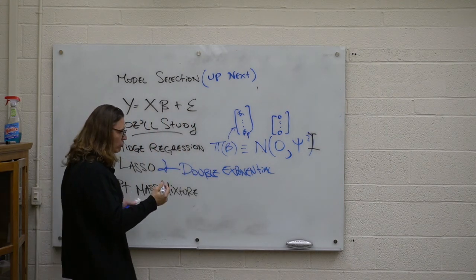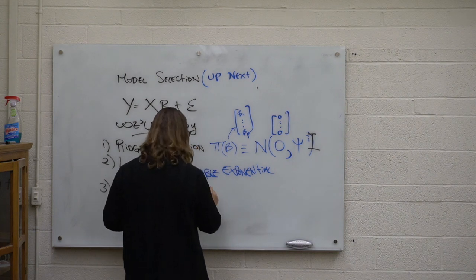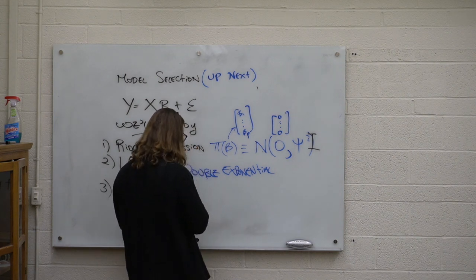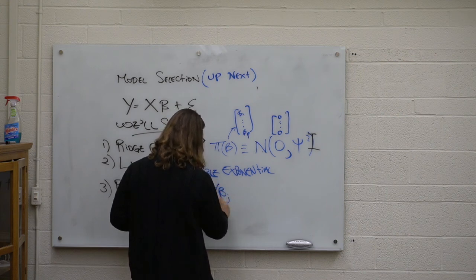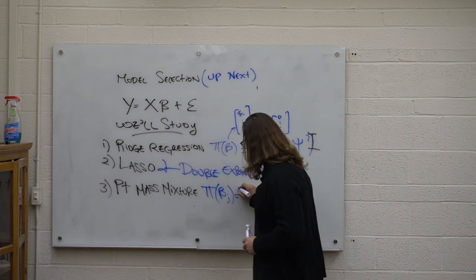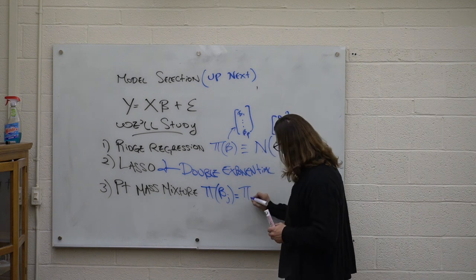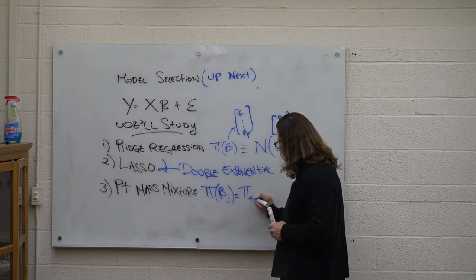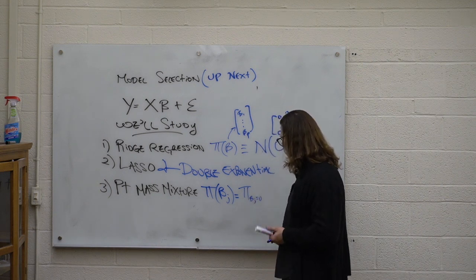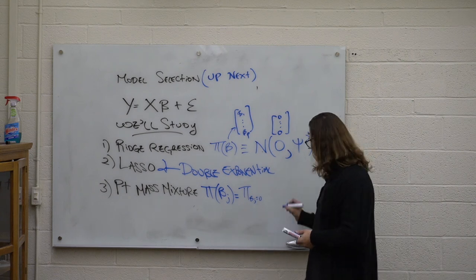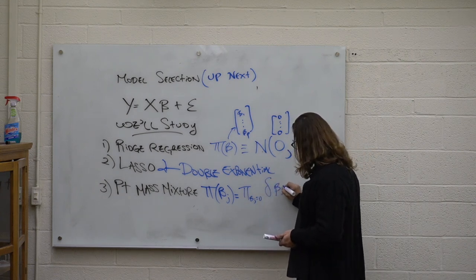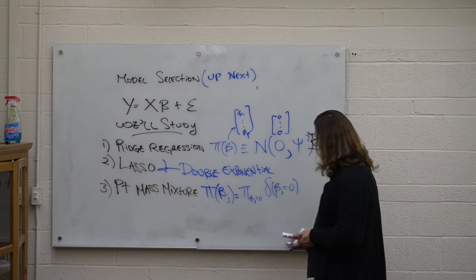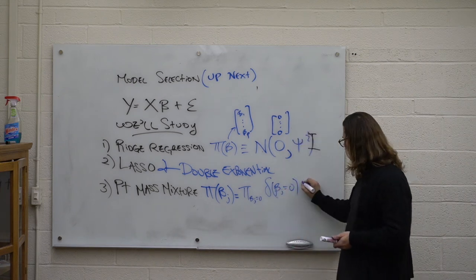And the point mass mixture priors are going to look like this, where I'm going to place a prior on each one of the betas. It has this basic setup. So this is going to be pi for beta j being equal to 0. So that's going to be my probability of that being true. I'm going to have a point mass on 0.